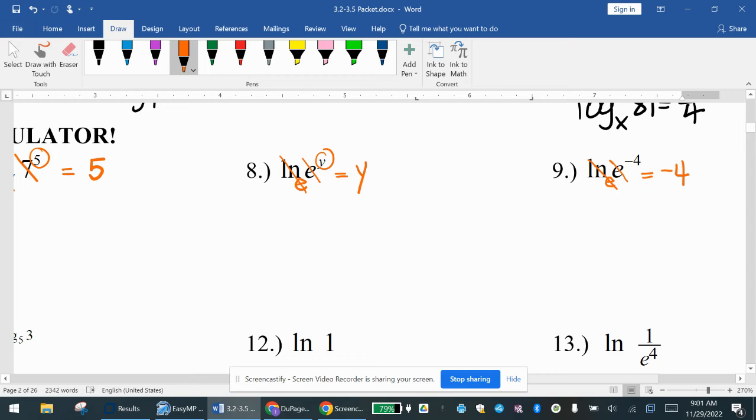If you're struggling a little bit with how the exponent became a whole number, don't forget that one of the properties of logs that you learned last year is that the exponents of a log can be brought down in front. So that's kind of how you can think about this one, right? Natural log of e to the -4th. The -4th can be brought down in front to -4 times.